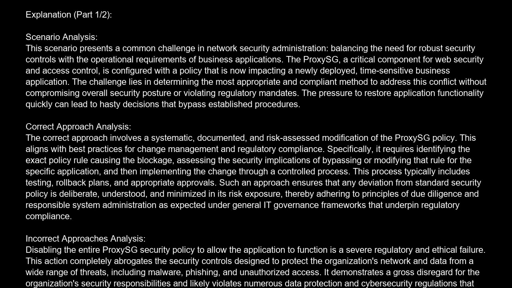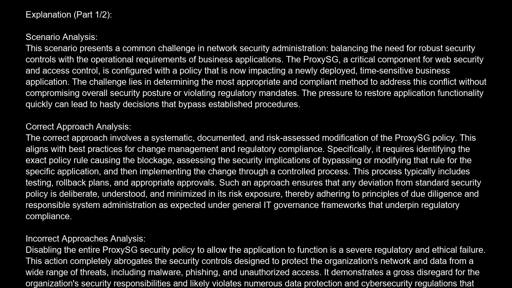Correct approach analysis. The correct approach involves a systematic, documented, and risk-assessed modification of the ProxySG policy. This aligns with best practices for change management and regulatory compliance. Specifically, it requires identifying the exact policy rule causing the blockage, assessing the security implications of bypassing or modifying that rule for the specific application, and then implementing the change through a controlled process.